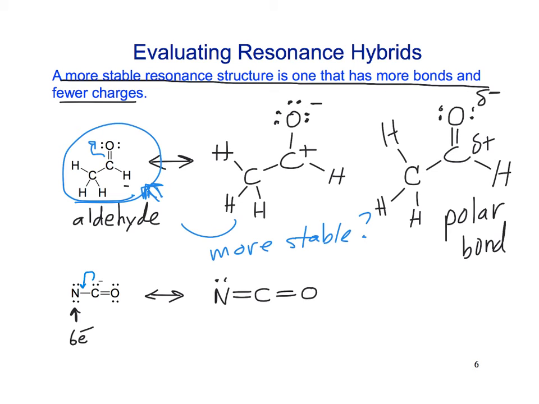The nitrogen still has 2 pairs of non-bonding electrons, but the carbon has no non-bonding electrons and the oxygen still has its pair. All right, so our new resonance contributor still needs to have the same charge, right? So where is that minus charge going to go?